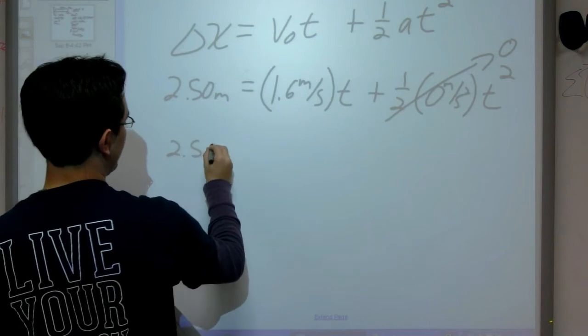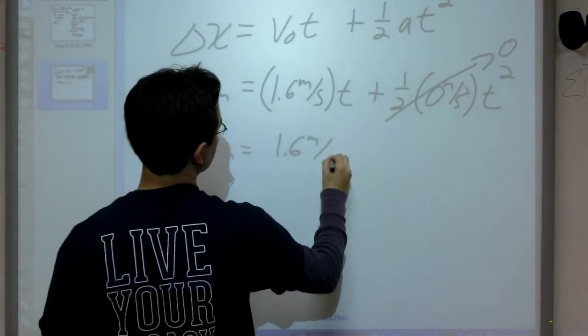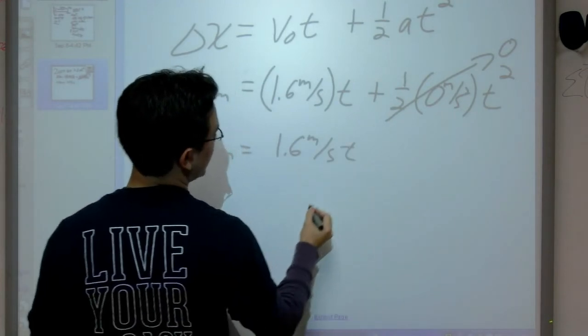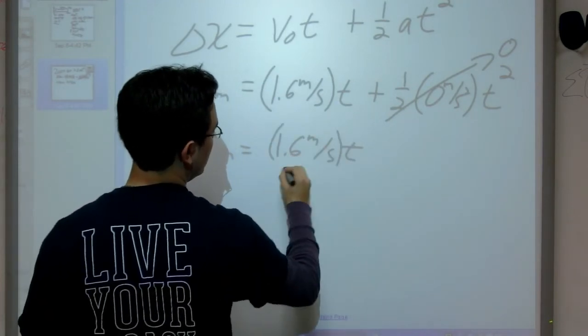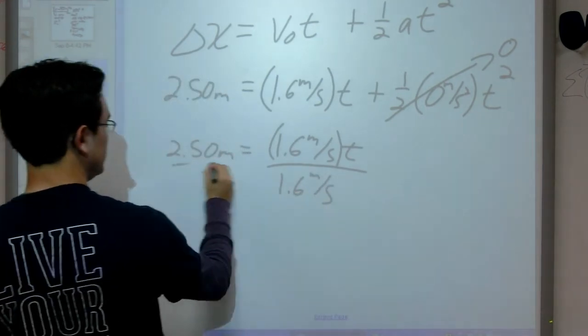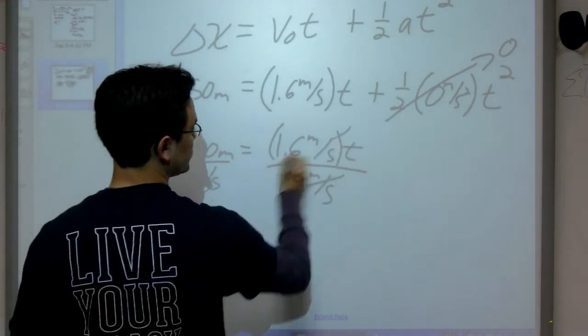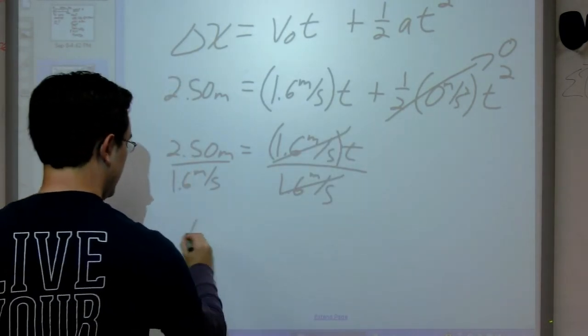We've got 2.50 meters equals 1.6 meters per second times time. So I'm going to divide both sides by 1.6 meters per second. That cancels out, and we get time by itself.